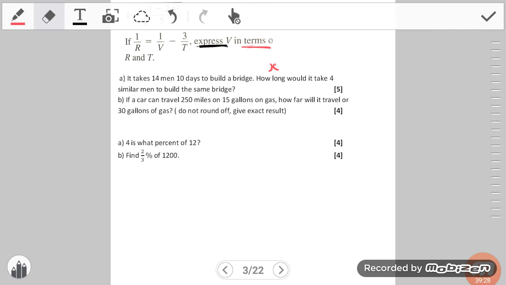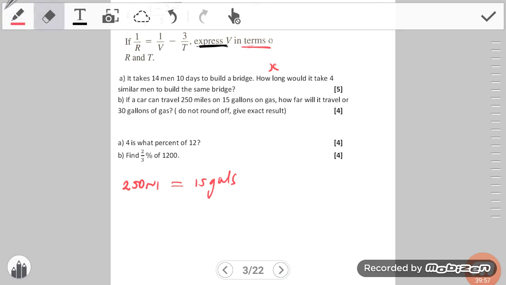Okay, all right, so once again we can use the method of writing what you know. So 250 miles can be completed by using 15 gallons of gas. How far will it travel on 30 gallons of gas?